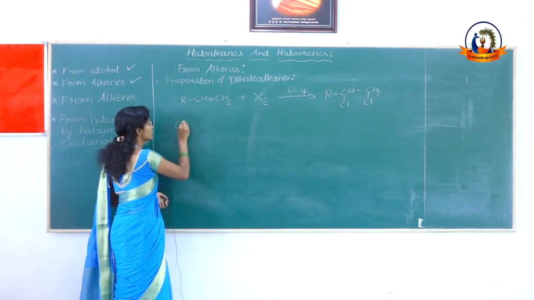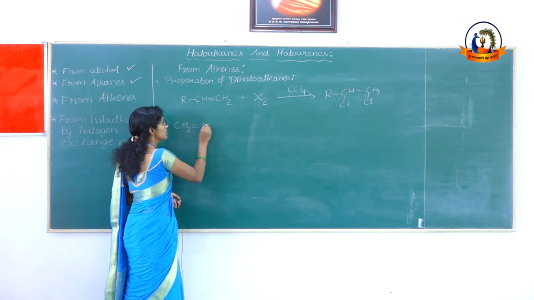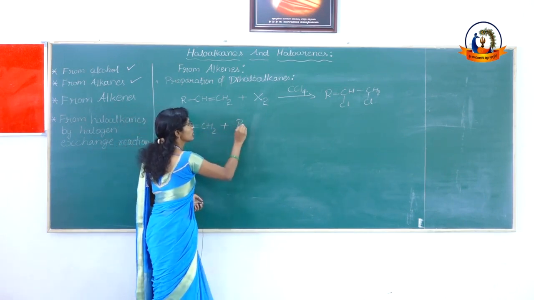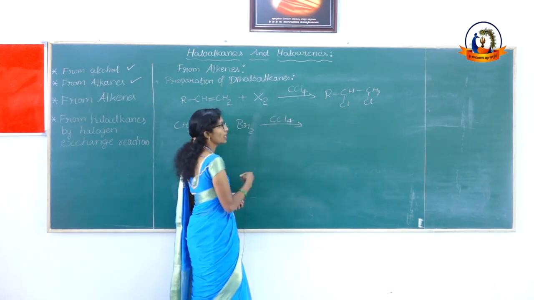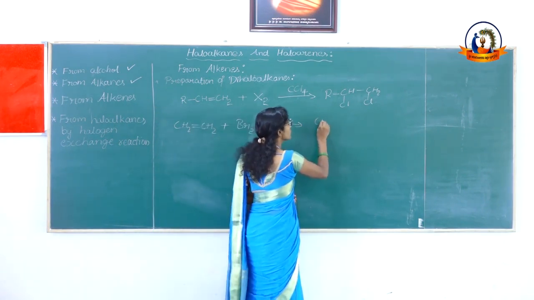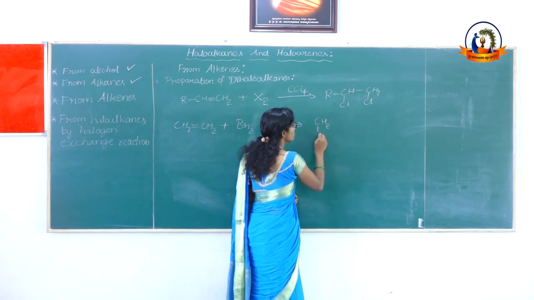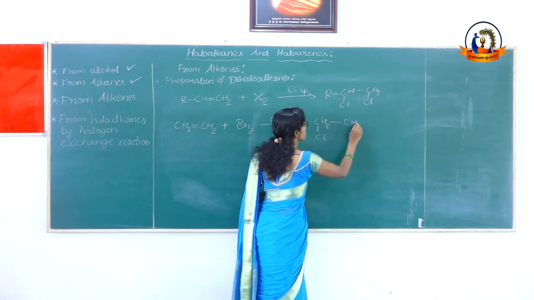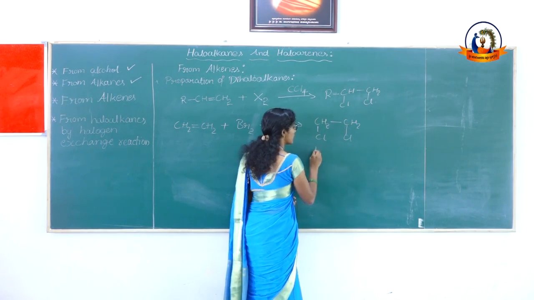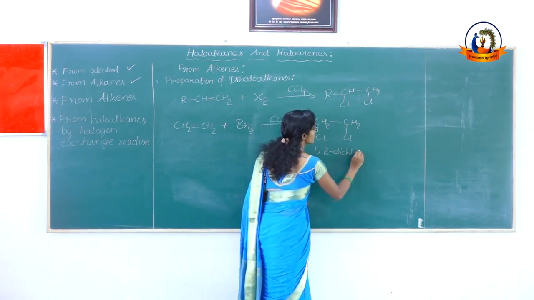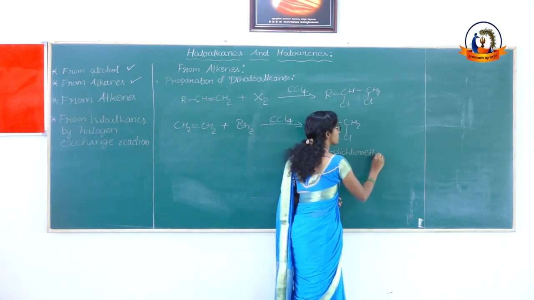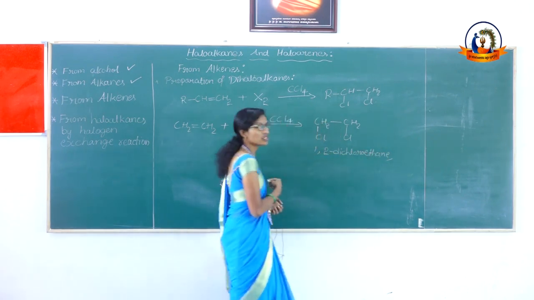For example, ethene reacts with bromine in the presence of carbon tetrachloride. It gives 1,2-dibromoethane as the major product.